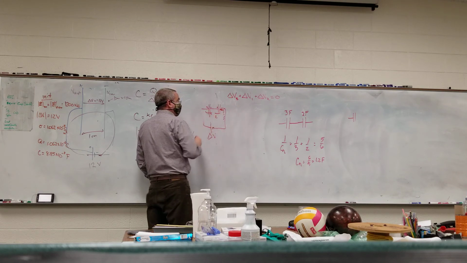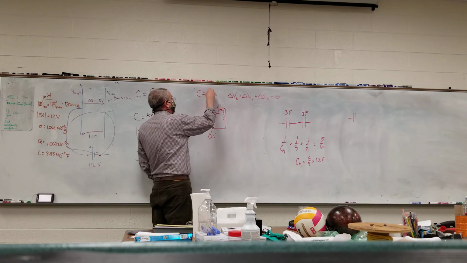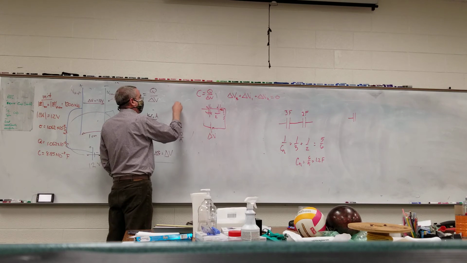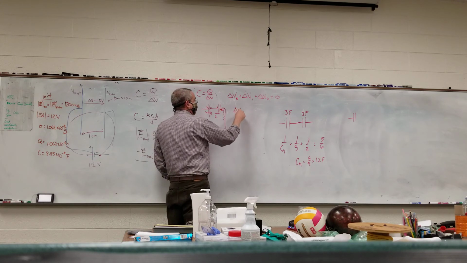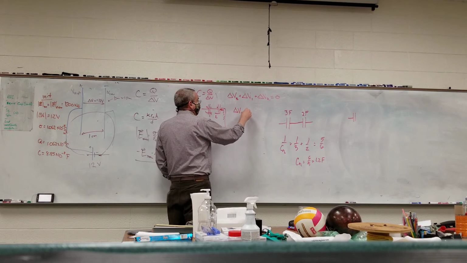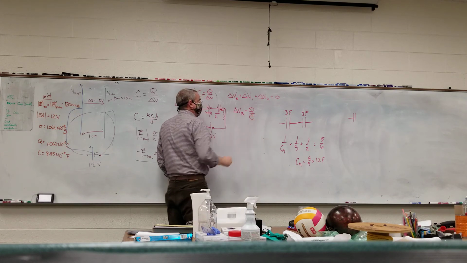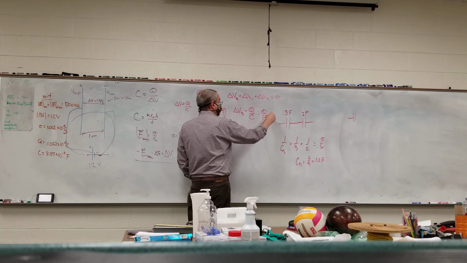Because I'm going that direction, it's going to be a loss. I know that capacitance is equal to Q over delta V, and so delta V is equal to Q over C. So we have some gain across the battery minus Q over C1 minus Q over C2 is equal to 0.